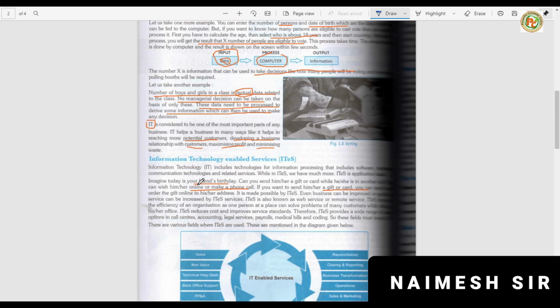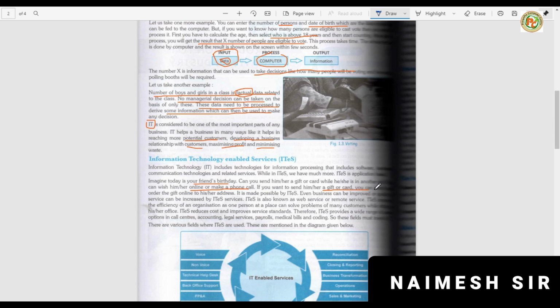Imagine today is your friend's birthday, and you want to send a gift or card today, because the birthday is today. So how will we give it? If you go offline, then you have to buy it, and then go to their place, because he or she is living in another city. Also you can make a phone call or video call, but it will not make sense because you want to send a gift or card to him or her.